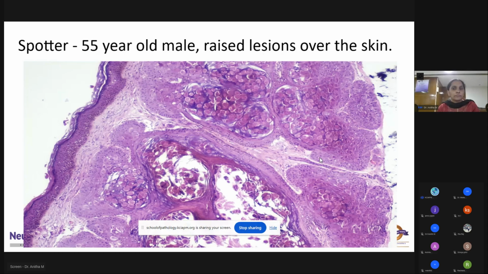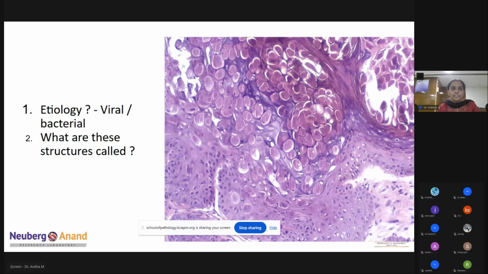Request all PGs to respond in the chat box, and the presenters can actually unmute themselves and share the response. Okay, I'll go to the next slide.